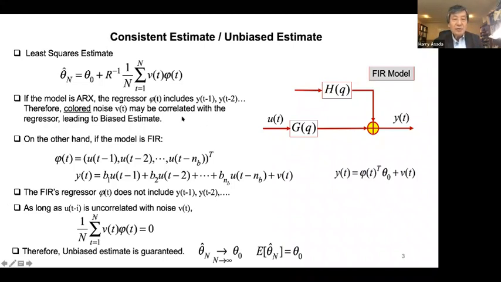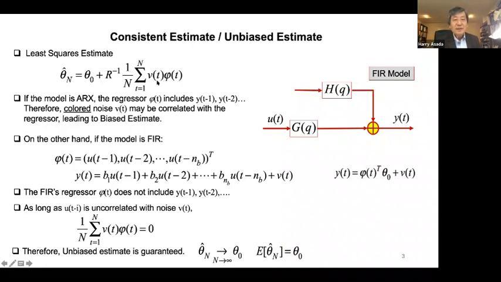If we use the ARX model, which is a pretty good one, remember that the ARX regressor phi t contains not only u t minus 1, u t minus 2, but also y t minus 1, y t minus 2, right? Remember that?